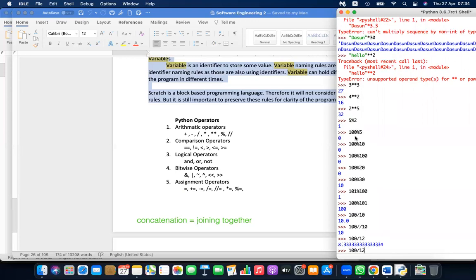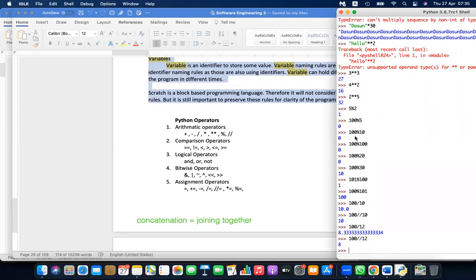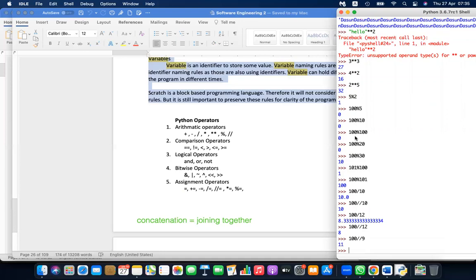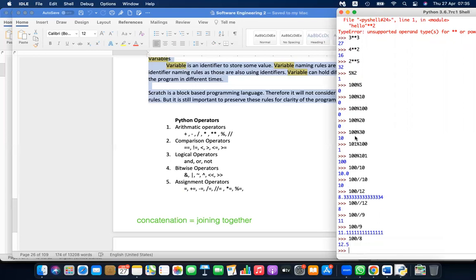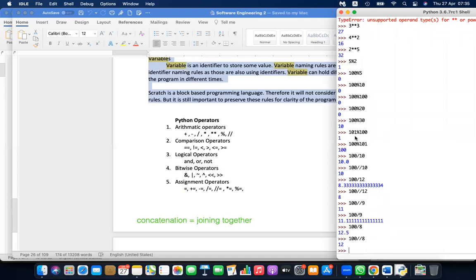But if you floor divide, it gives only 8, the integer part. This is not rounding. It only gives you the integer part. If it were rounding, 11.1 would be rounded to 11. And divided by 8, it is 12.5. Should be 13, no? But it is not. Here only 12, the integer part is taken. That is what integer division is.